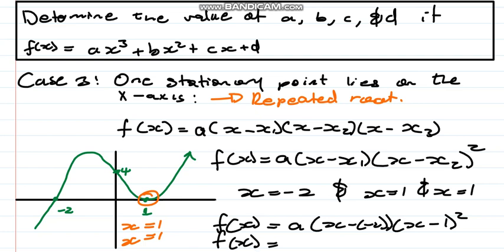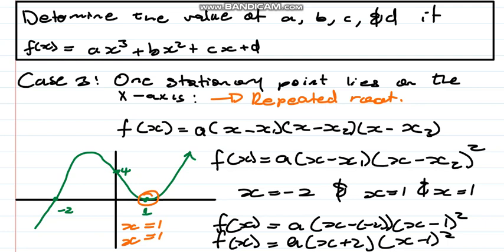So therefore we have a(x plus 2)(x minus 1) squared, right? If I expand that bracket, you will realize this is the same as the previous case; algebraically, the solving is almost the same.